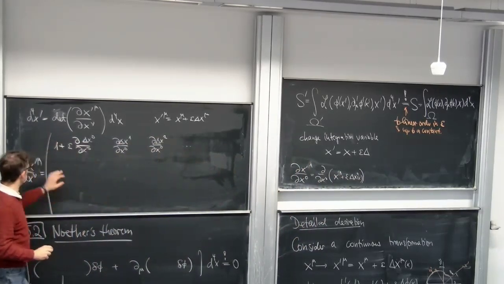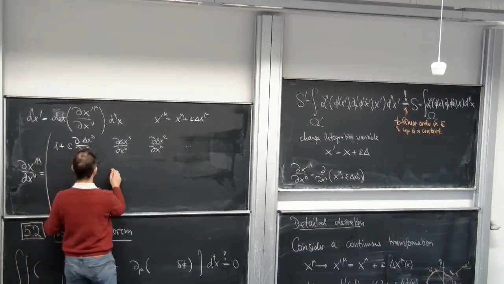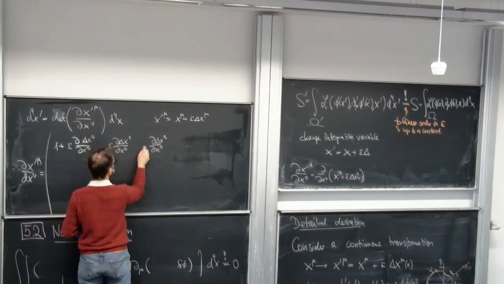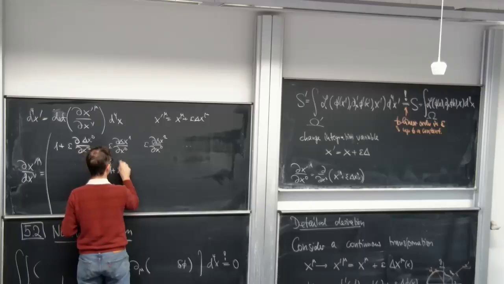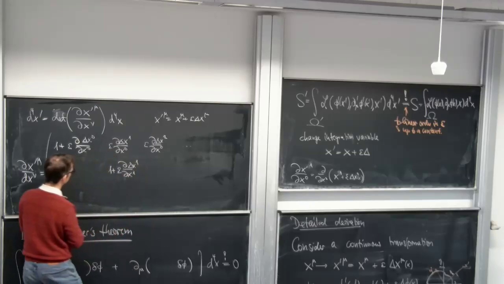Always on the diagonal, when I differentiate x prime 1 with respect to x 1, I get an extra 1. I'm missing the epsilon, sorry. Epsilon, epsilon. And here it's epsilon d delta x 1 by dx 1.